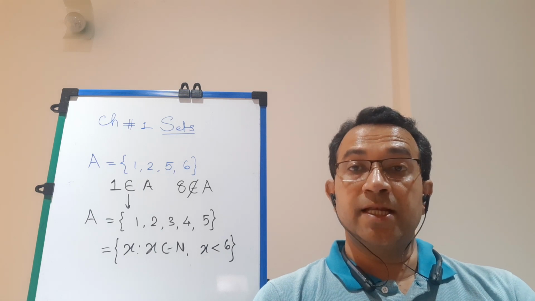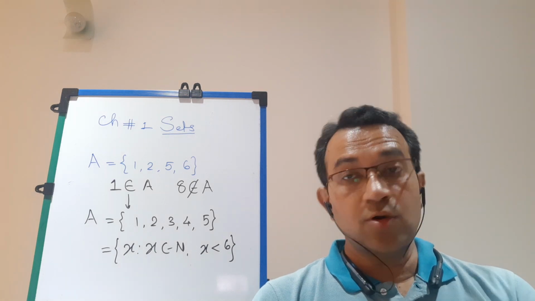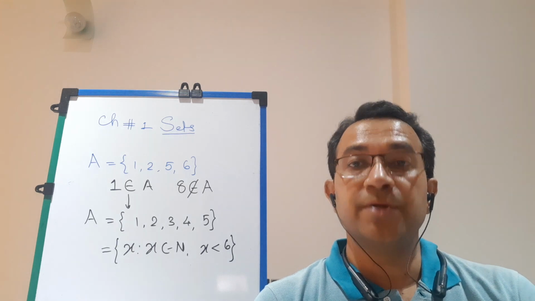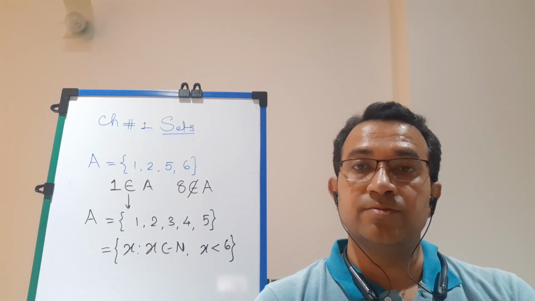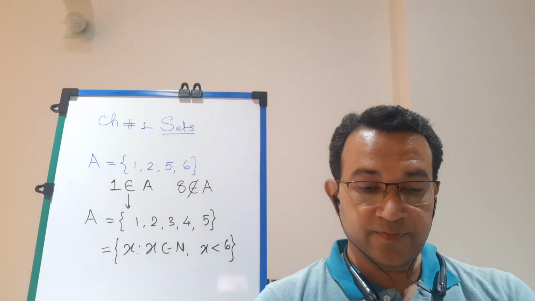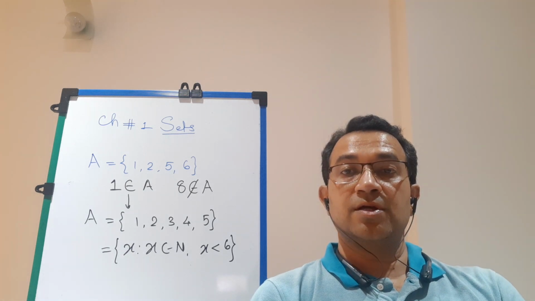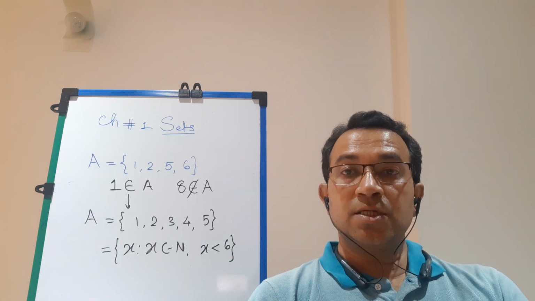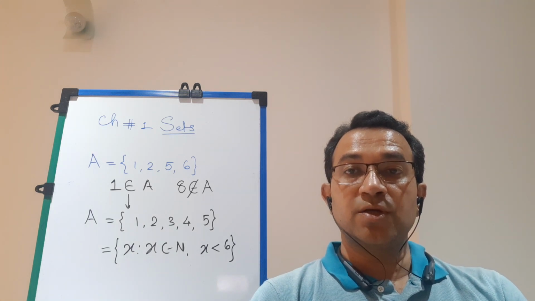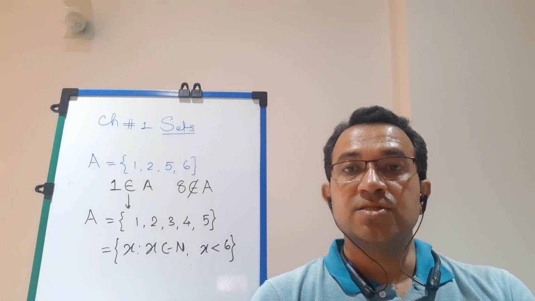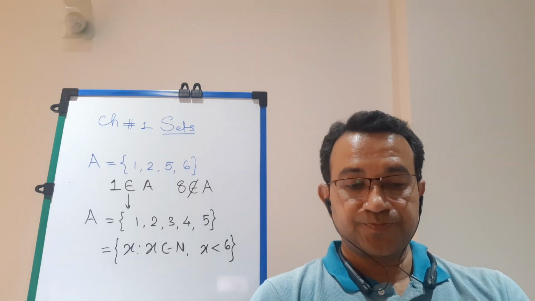So each and every element is predetermined. Okay, there are an infinite number of elements, but every element is predetermined. So this collection becomes a set. It is well defined. The collection of questions in this chapter, when you total all the exercise questions and example questions, suppose it is 100, it is well defined. So this collection is a set.